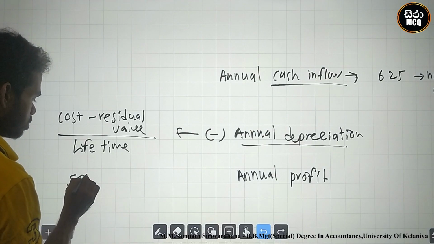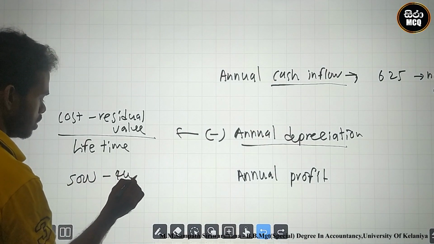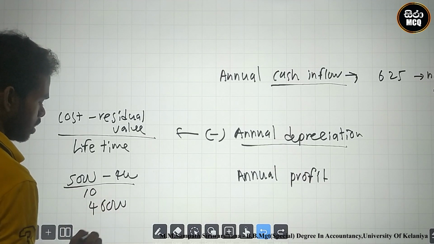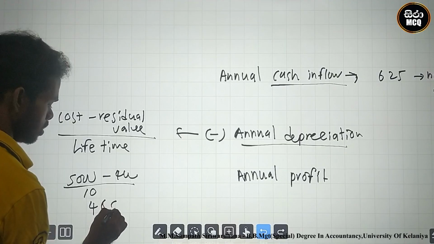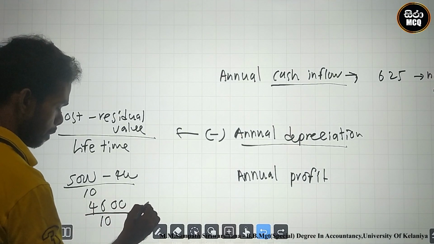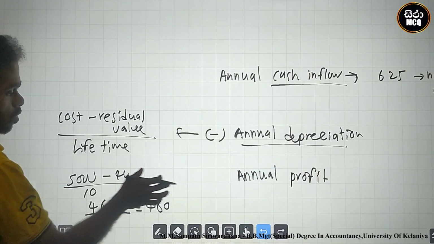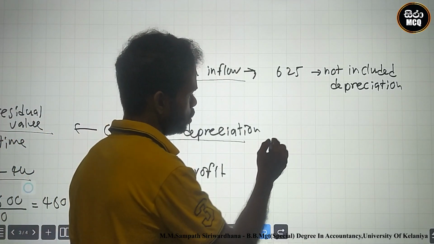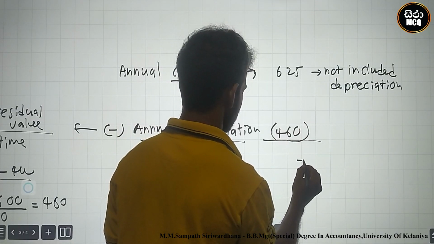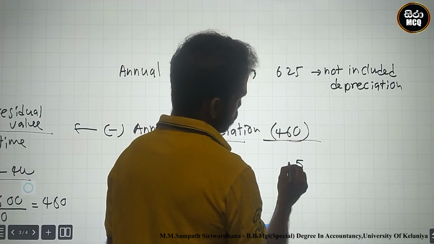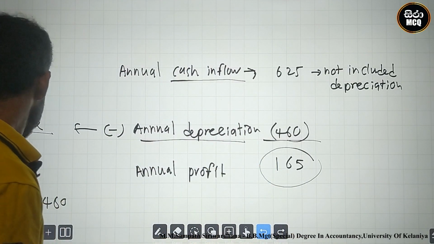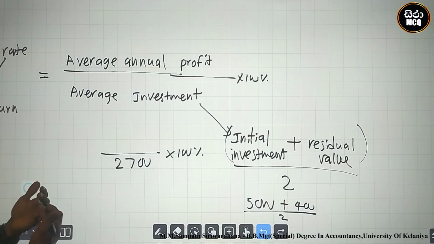Cost is 5,000, residual value is 400, divided by 10. 4,600 divided by 10 is 460. 460 is the annual depreciation. You should deduct it from 625. The answer is 165. 165 is the annual profit.